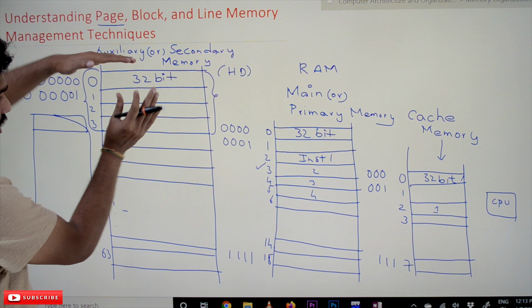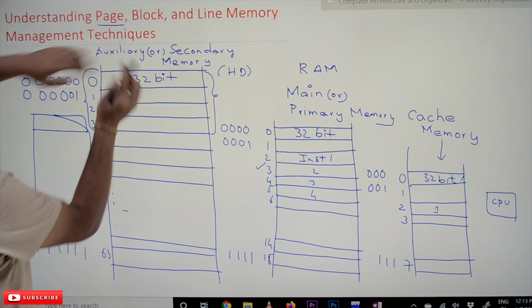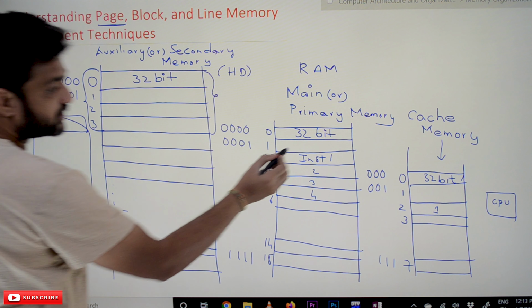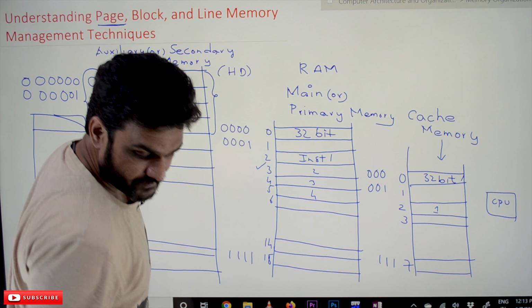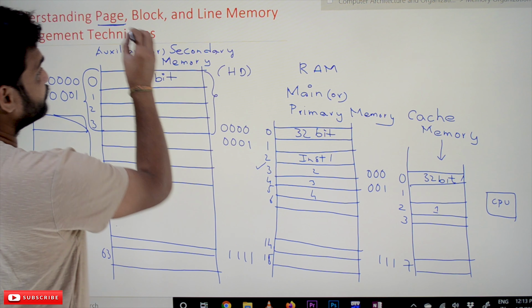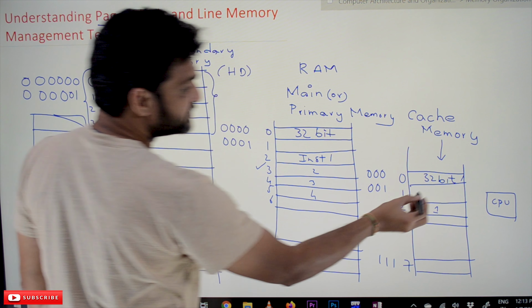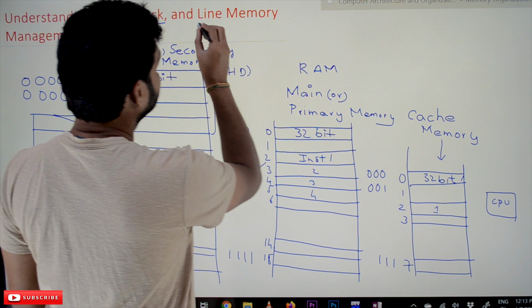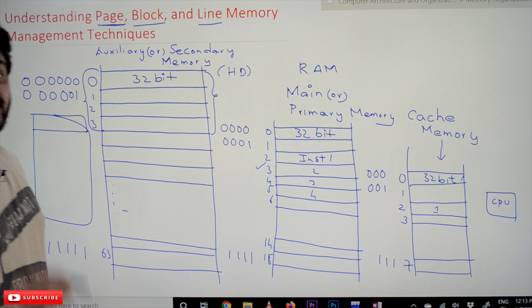The grouping of the words in the hard disk is what we call a page. The grouping of four words on the main memory is what we call a block, and similarly the grouping of the words on the cache memory is what we call a line.